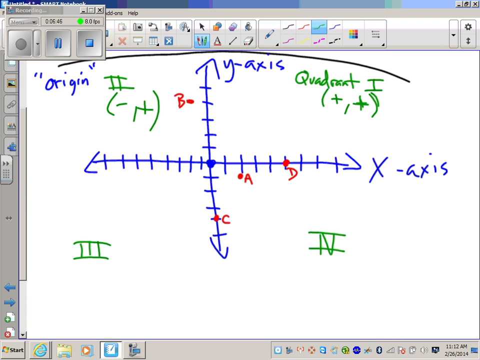Because in order for me to get over this area, I have to be negative on my x, but positive on my y going up. How about quadrant 3? What's the combination going to be here? Negative for x, and to get down is negative. And then here, x has to be positive, and y will be negative.